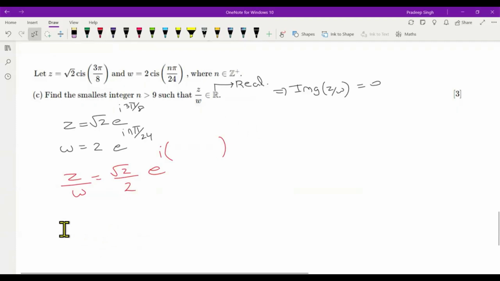Okay. Now, Reva, can you tell me on simplification, what can we write here in this bracket in the division? 3 pi by 8 minus n pi by 24. Perfect. Now the imaginary part of this complex number should be 0. So we take the sine.